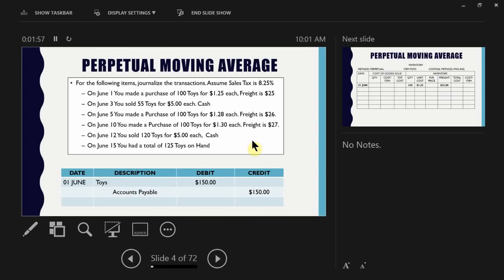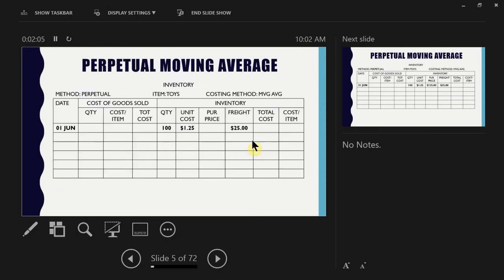So let's go back to this. On June 1st, we made a purchase of 100 toys at $1.25. Here I placed it into my inventory worksheet: $125 plus $25 freight, giving you $150.